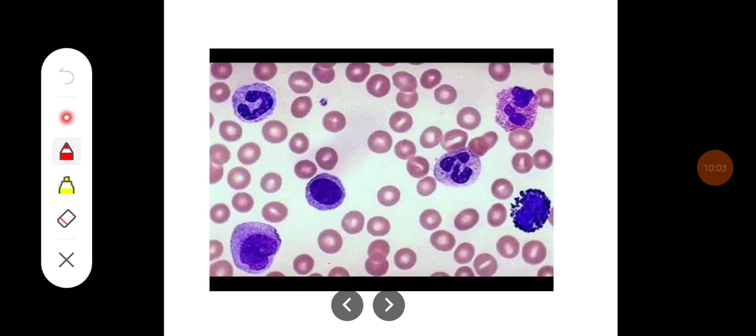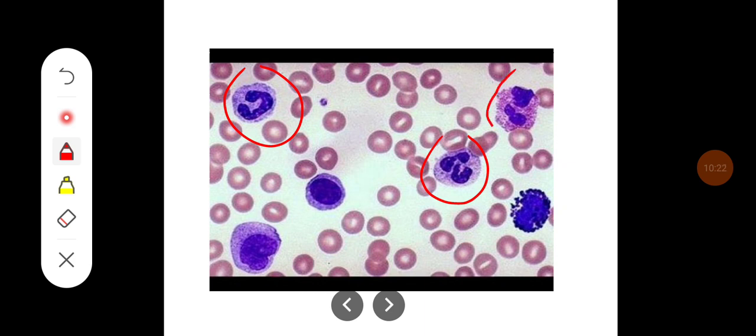So this is how different WBCs they appear in the smear. For example, these two cells are neutrophils, which are bilobed, which contains fine granules, both acidophilic and basophilic.